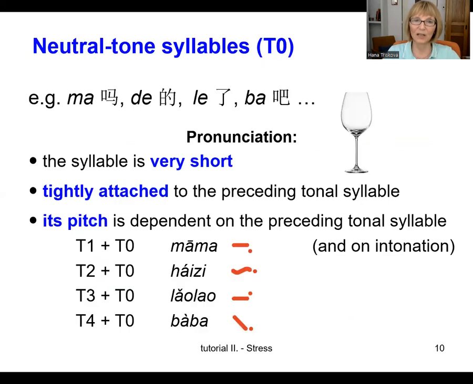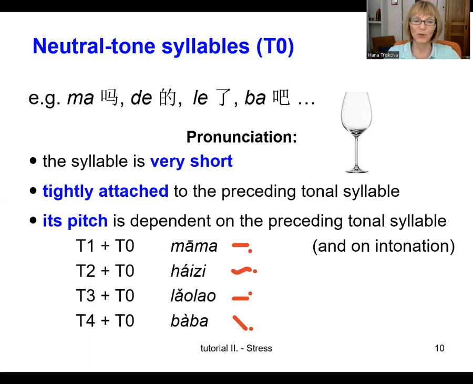So first, let us say something about the pronunciation of neutral tone syllables. They are very short. They are always tightly attached to the preceding syllable, and their pitch is dependent on the preceding tonal syllable. Here you have a simple diagram to see where you should pronounce that neutral tone after particular tones.